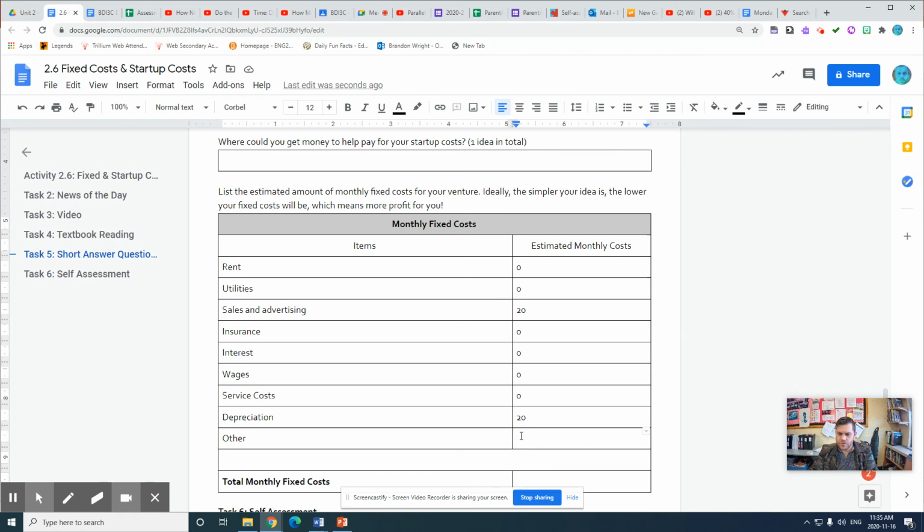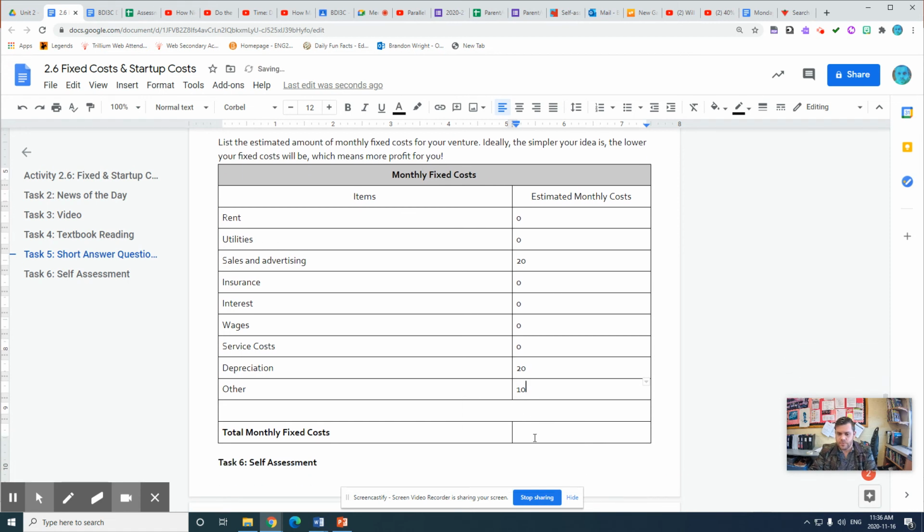And other costs, these are just any unexpected costs that may come up. Let's say $10. So my monthly fixed costs would be 10 plus 20 plus 20 equals 50. So I'm expecting every month to spend about $50 on these fixed costs.